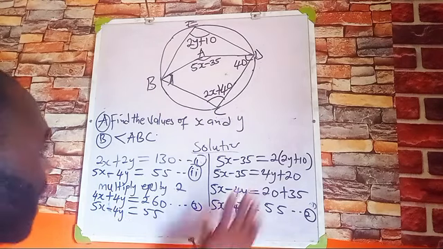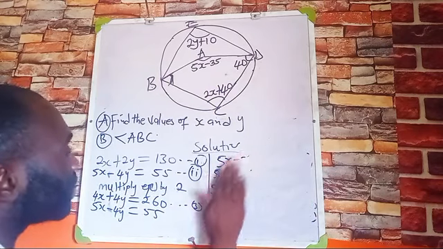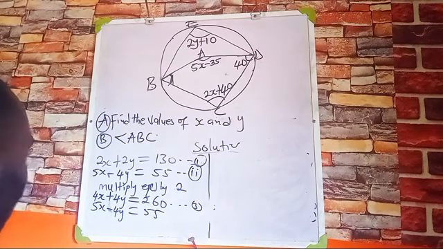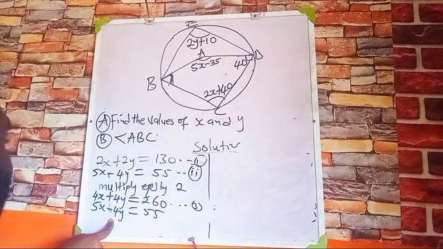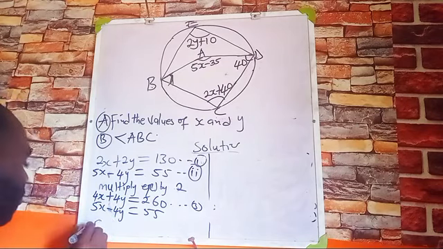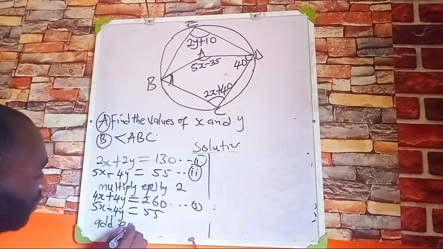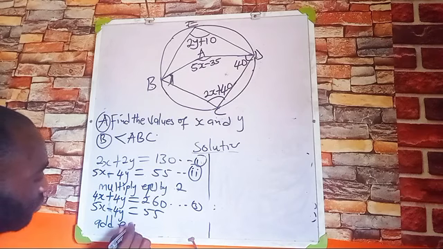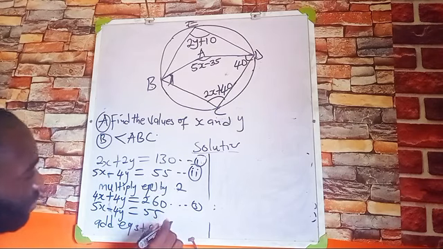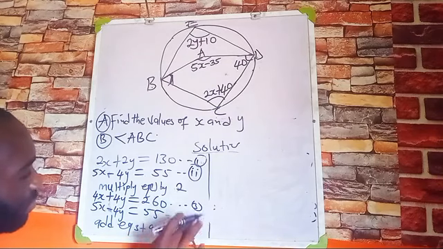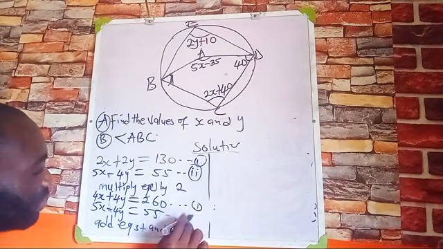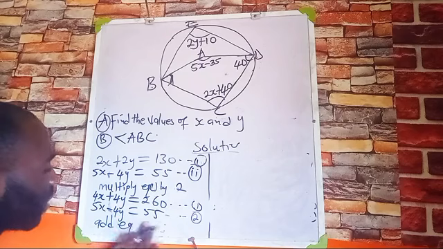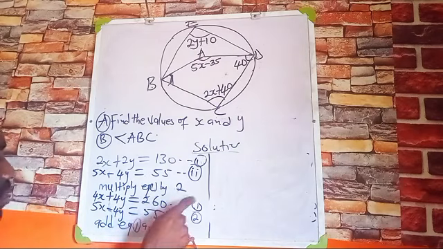Since we have the same coefficient of y, we now add equation 3, let's just call it equation 1, and equation 2 together. So we're going to add this equation with this.